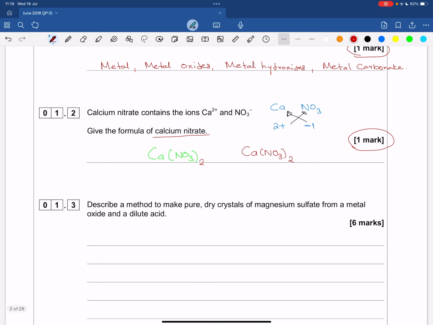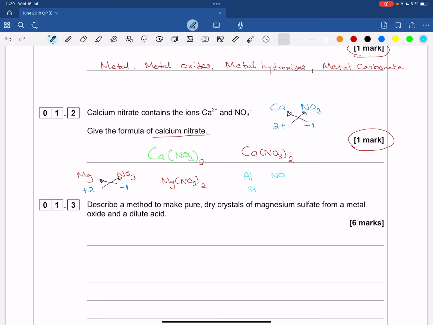Now you can try magnesium nitrate. Likewise, what we did there, magnesium is a group 2 element, forms a 2+ ion, with the NO3- ion, and you just drop your valencies and swap them. Therefore, you will get Mg(NO3)2. If you want to do aluminium nitrate, for example, aluminium is a group 3 element, 3+ charge.